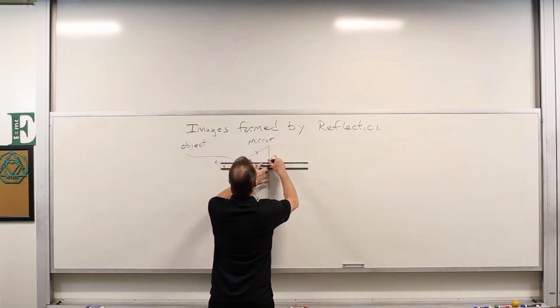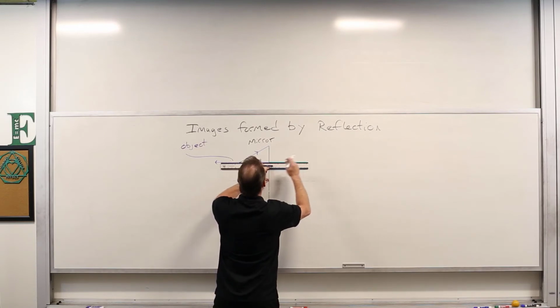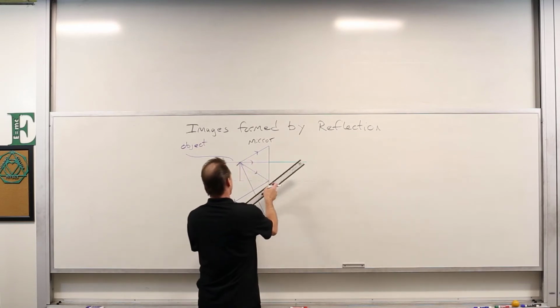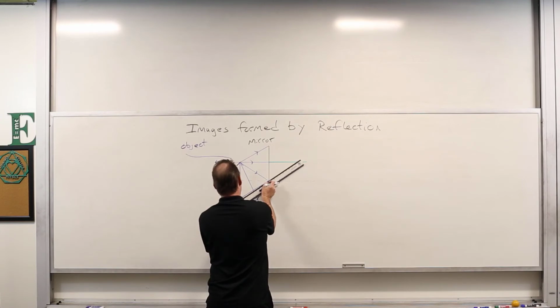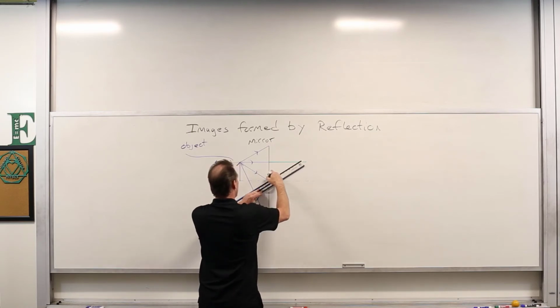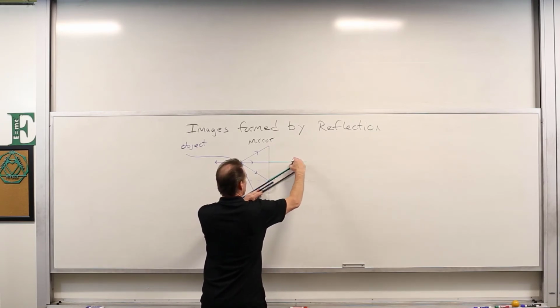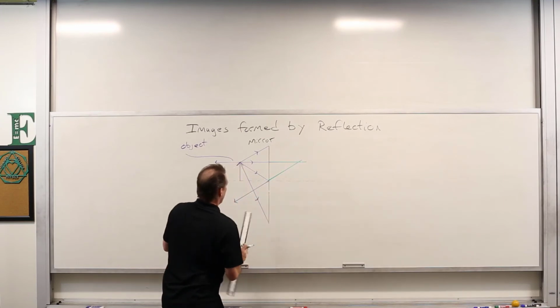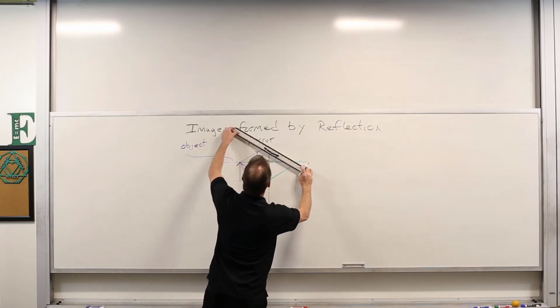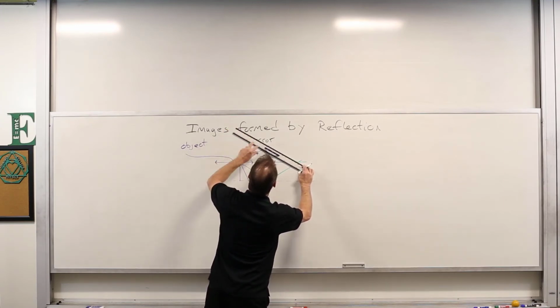This one's going to trace back along that path. This one's going to trace back along this path. And we could do this for a bunch of them. This one would trace back along this path.